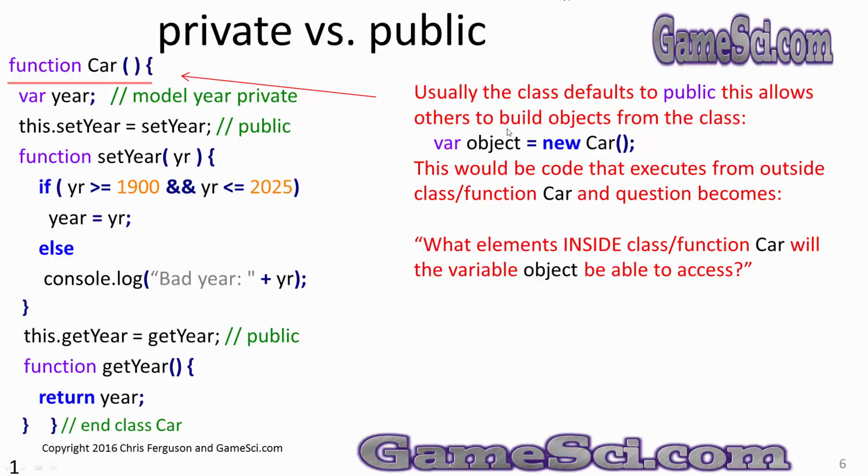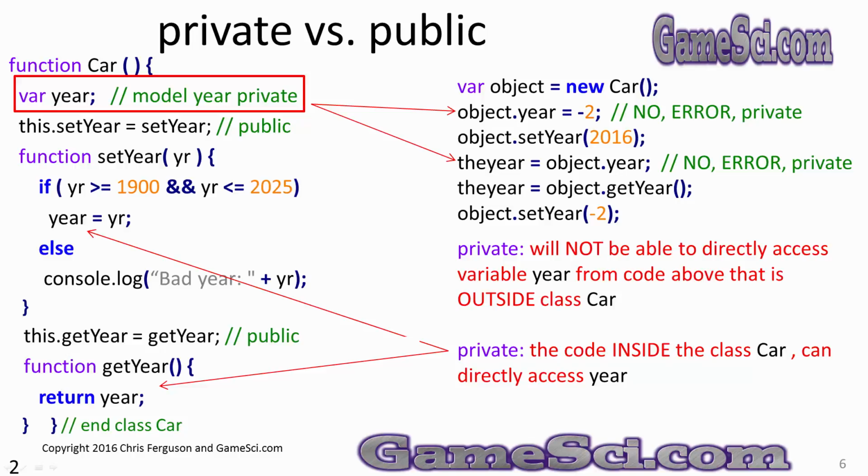So I'm going to say var object equals new Car and build an object out of my special function or class. This would be code that executes from outside the class or function Car. And the question becomes, what elements inside the class or function Car will the variable outside the class be able to access? Let's run some code and see how it works.